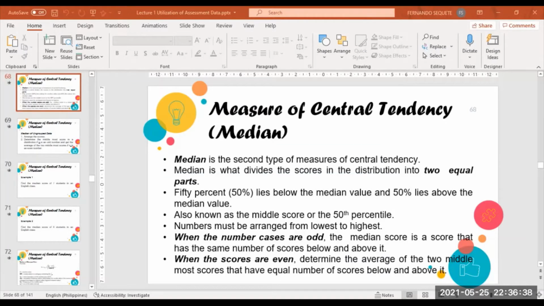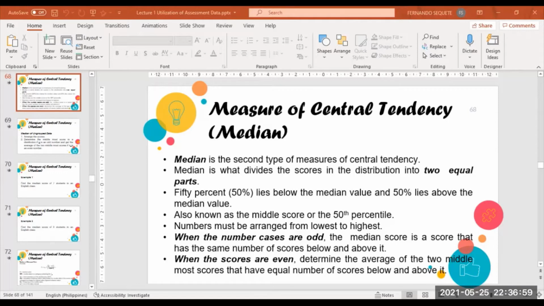And then, as we all know, we have two cases emphasized for this discussion: when the number of cases is odd, and of course, when the scores are even. We have to follow that particular case because by that we could identify what the median score should be.